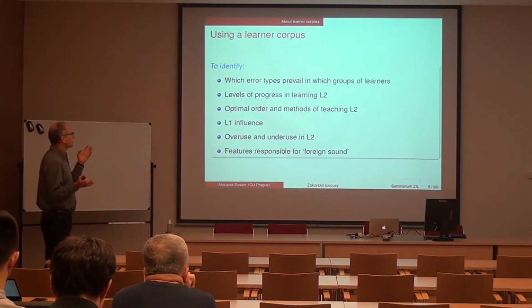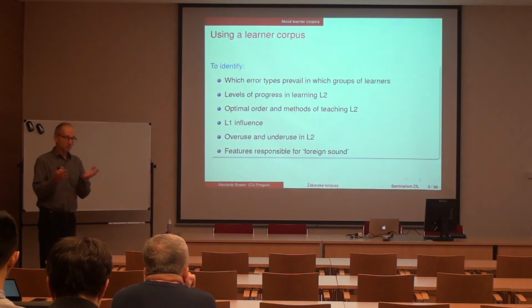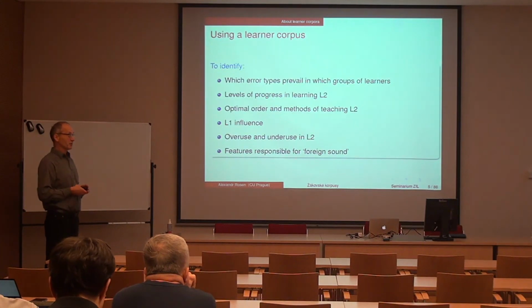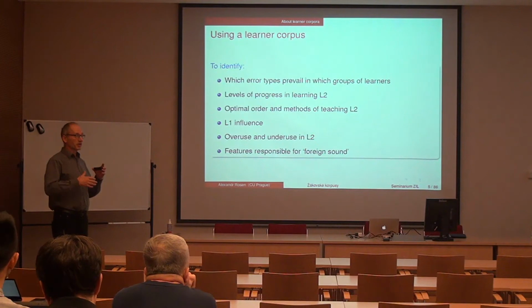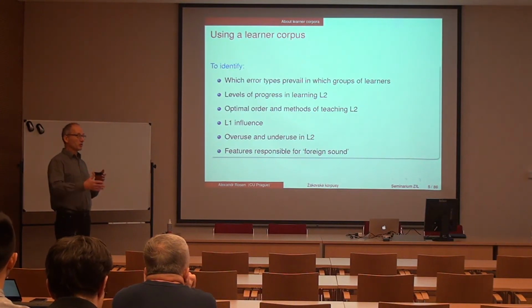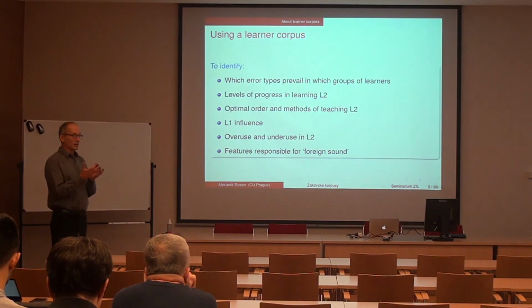Why is a learner corpus useful? Well, those errors are certainly very, very important. Which type of errors do various groups make? If you have those data, you can also check how people proceed in learning the foreign language, and then you can find what sequence is optimal for presenting the phenomena in a foreign language.